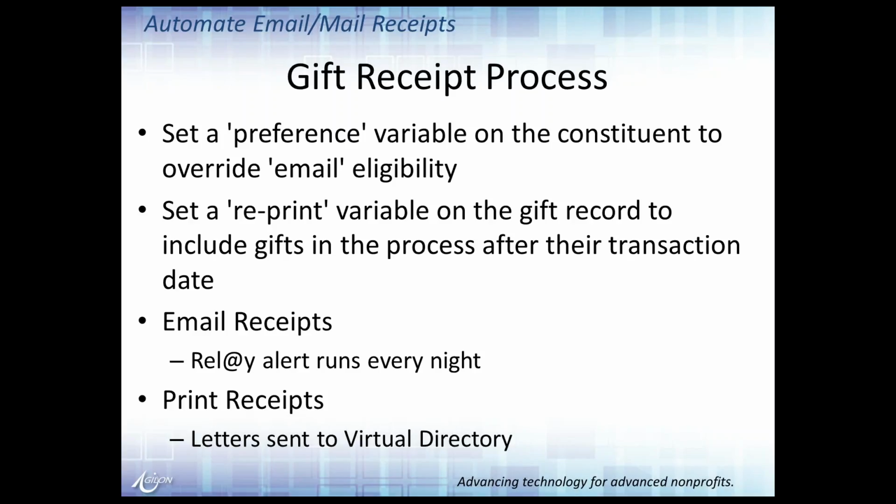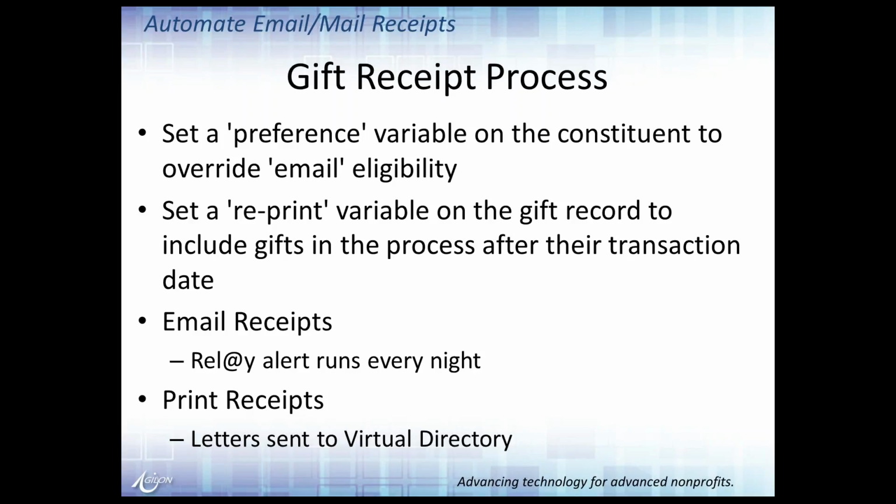So emailing receipts is, in this case, a Relay alert that runs every night. It's a query that runs and looks at gifts that were processed on that day, and it will produce an email campaign that will go out for those that are eligible for emails.